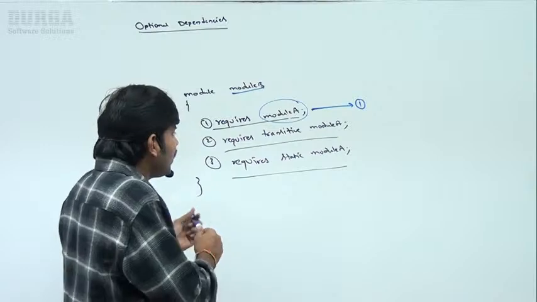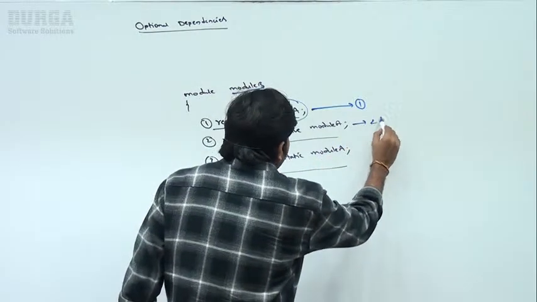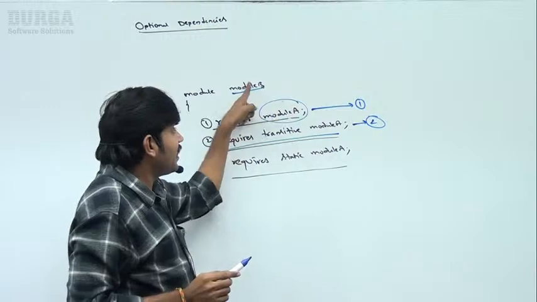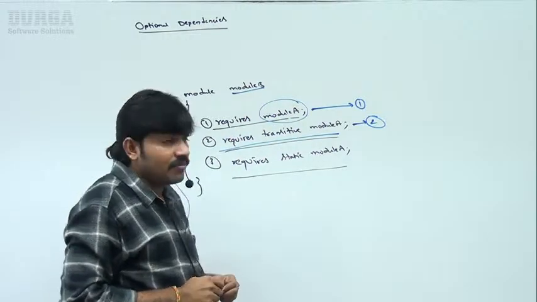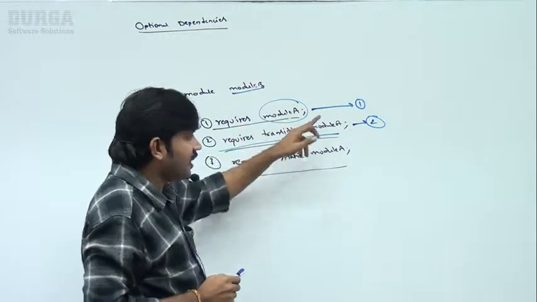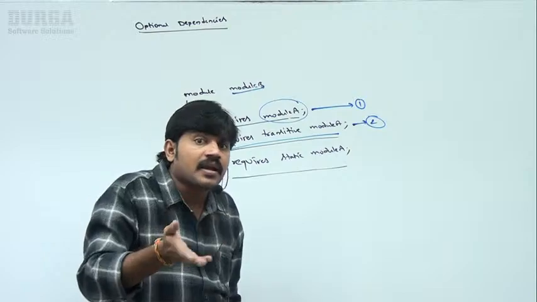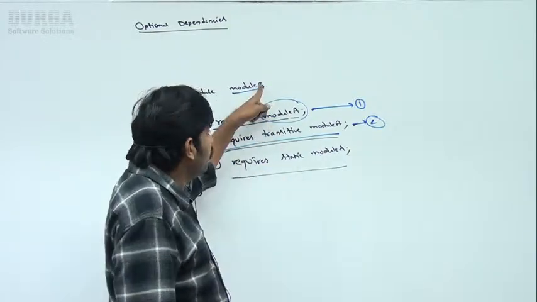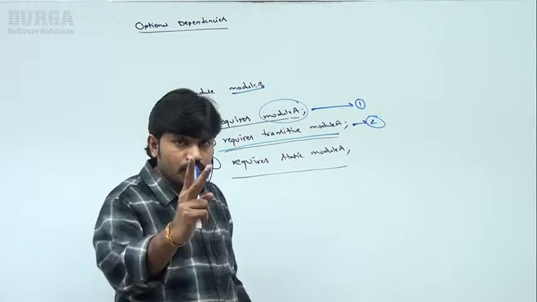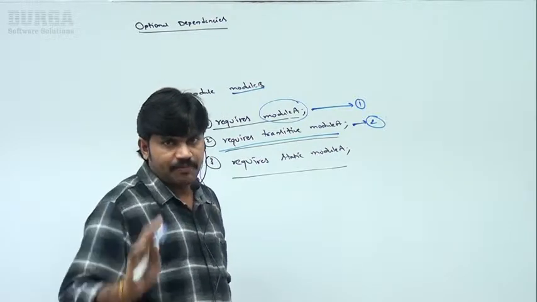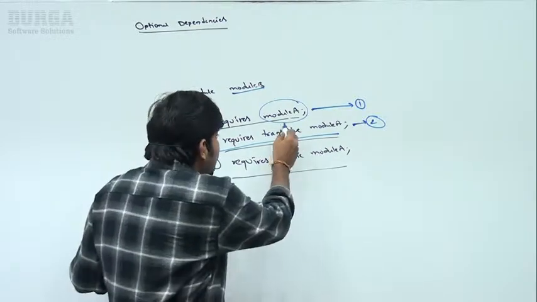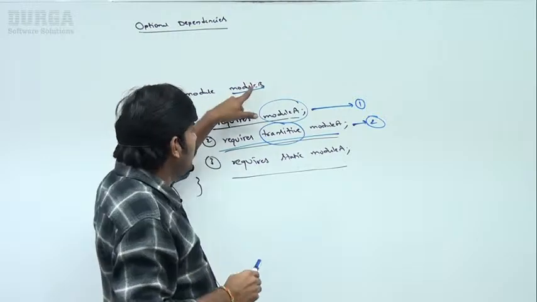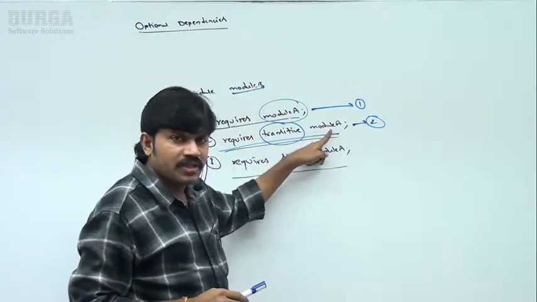Now the second one, observe carefully. It is a mandatory dependency because I'm not using static. At compile time and at runtime, module B and module A both should be available. Next, am I using transitive? Yes.